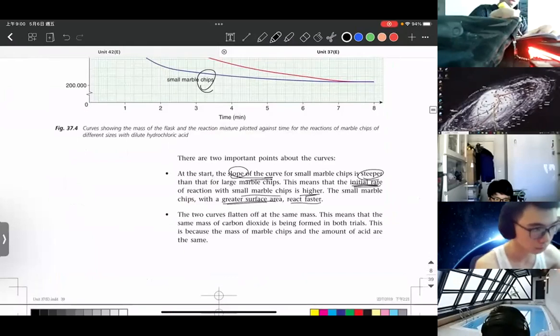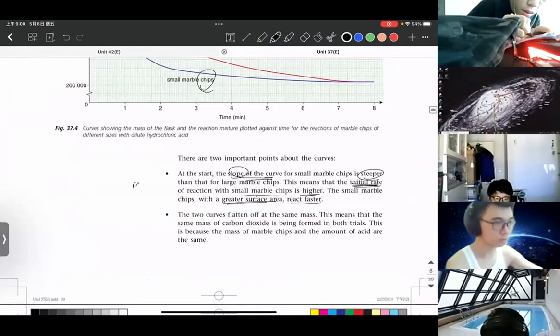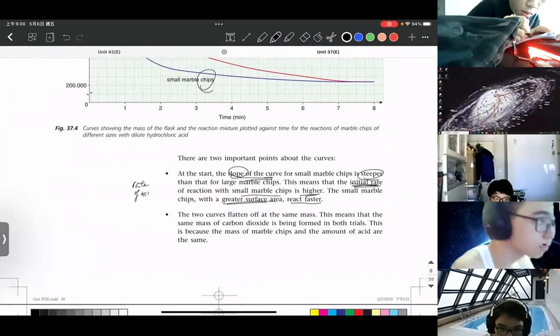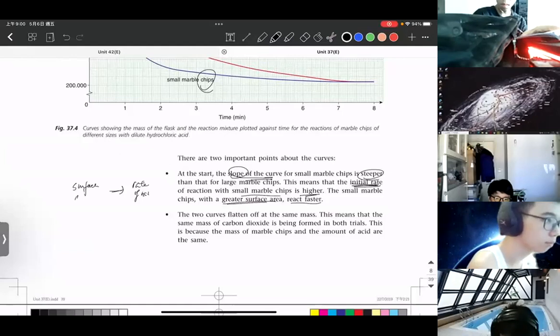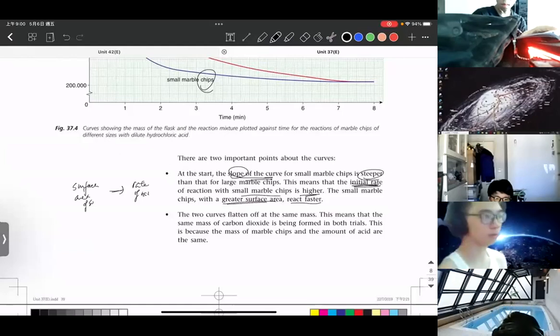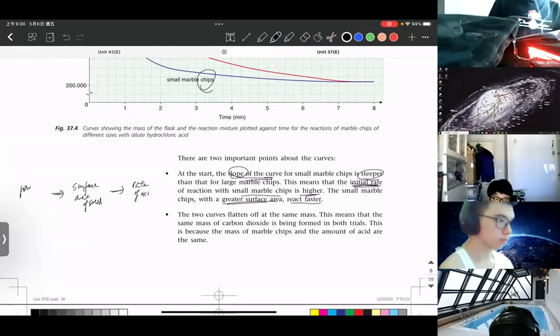This agrees with our statement about the rate of reaction being affected by the surface area of solid. The surface area of solid is represented by large or small chips, so collectively we call it the particle size.